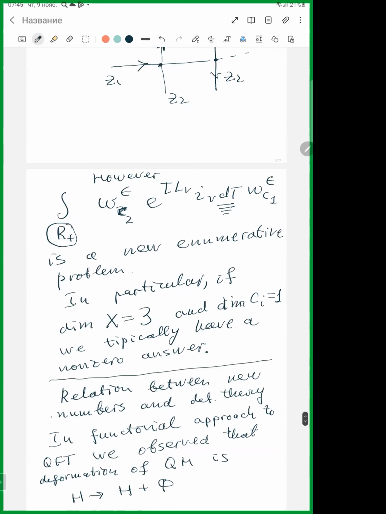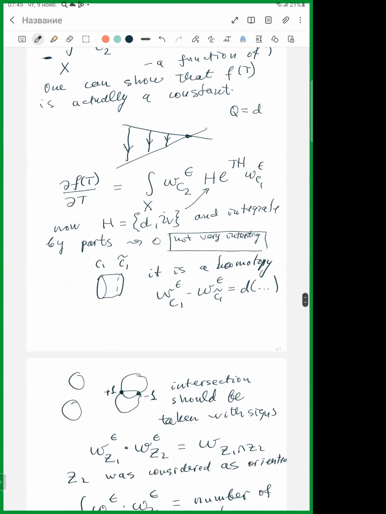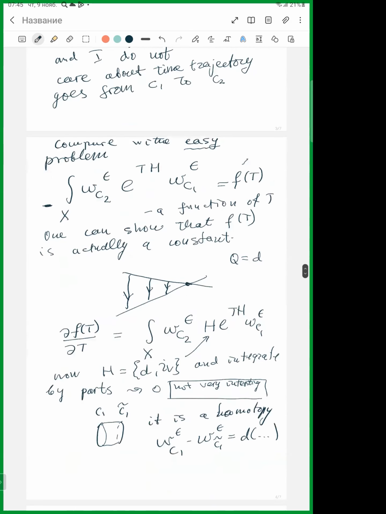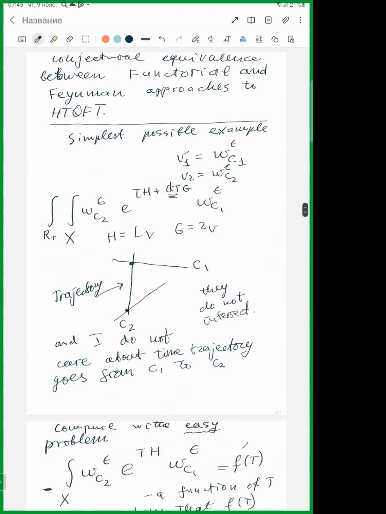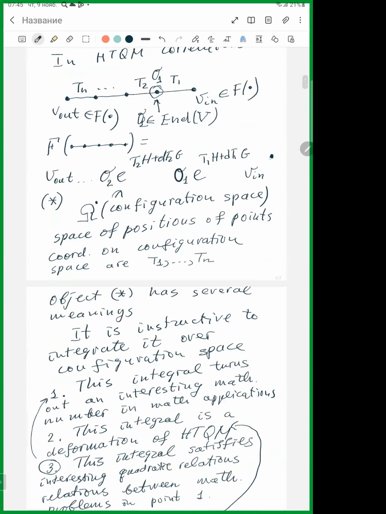So how to see it? I think the best way is to look at this formula. We expand the exponent to get forms on configuration space.